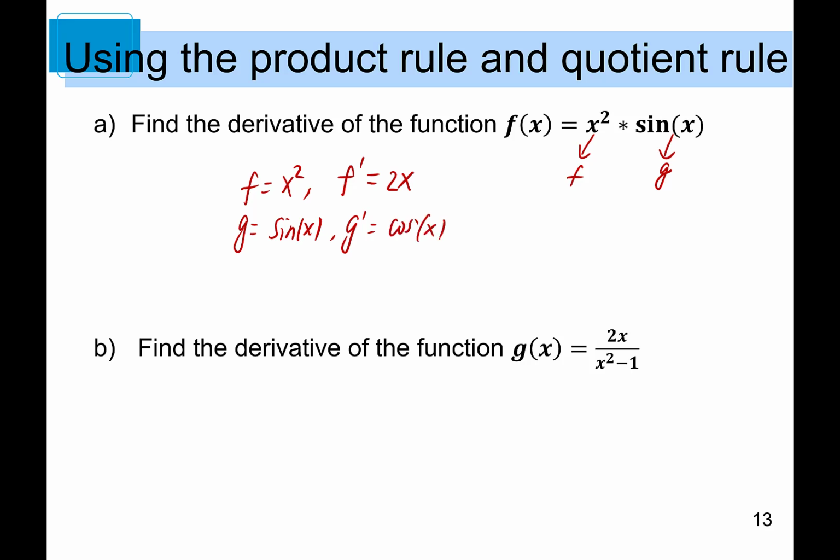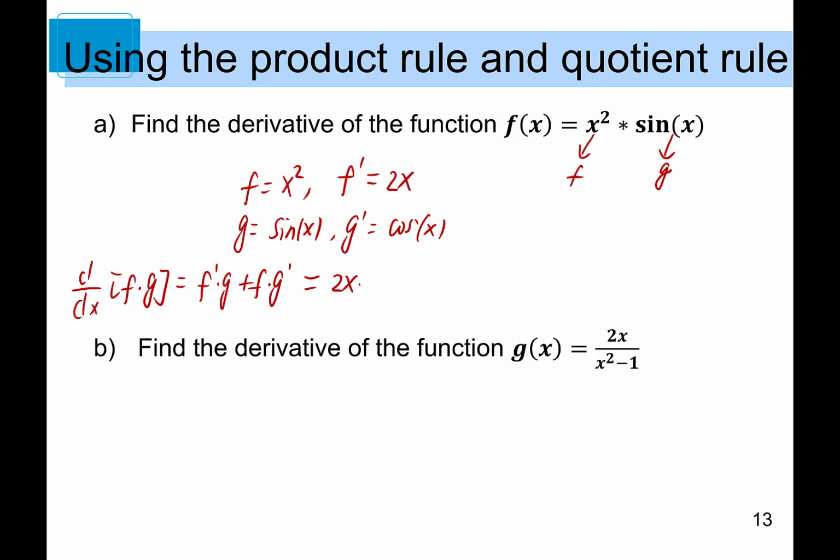Alright, so then we just apply the product rule: f prime times g plus f times g prime. After that, we just replace f prime and g prime with the given expressions.